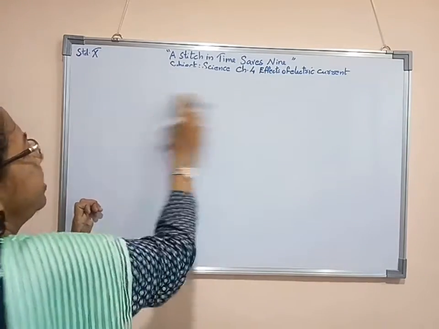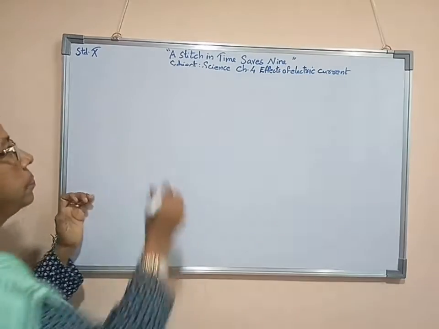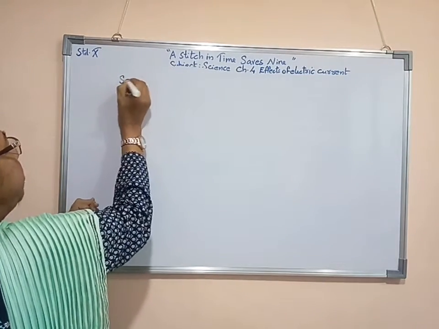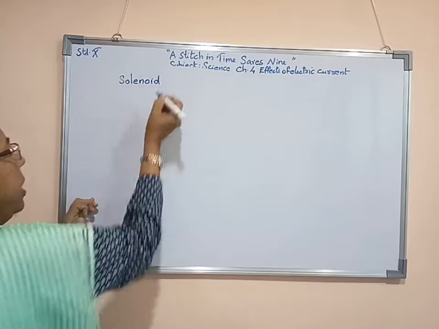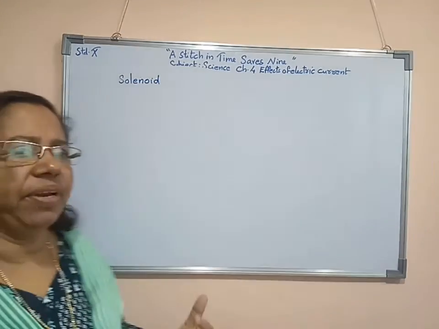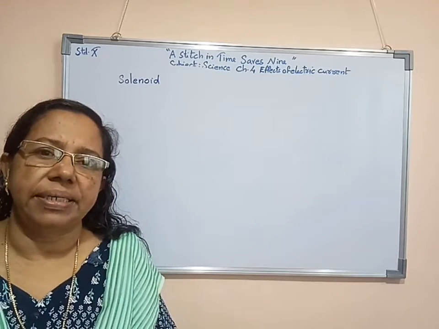Here I am first drawing the diagram of a solenoid. Solenoid spelling, S-O-L-E-N-O-I-D. Now a solenoid as well as a bar magnet, both of them are related.